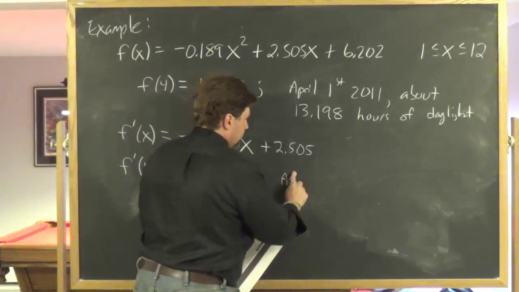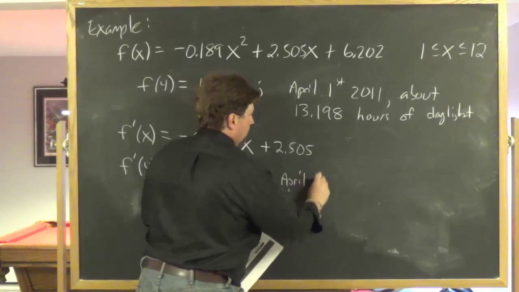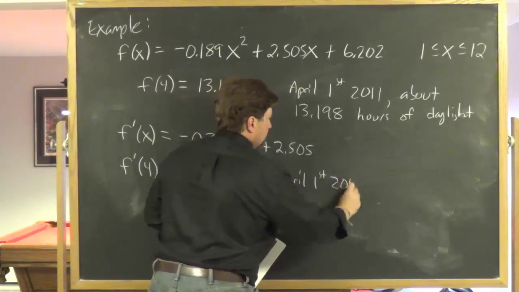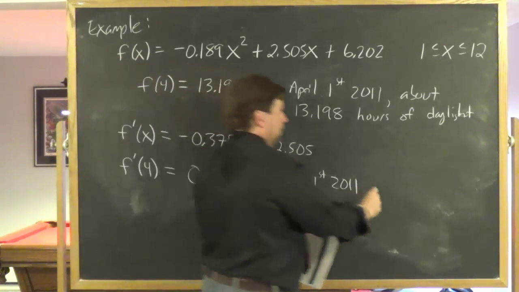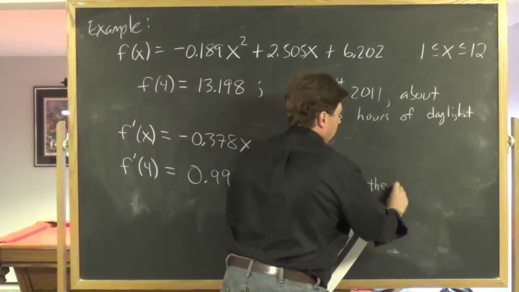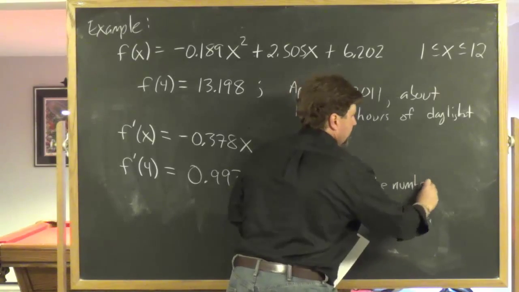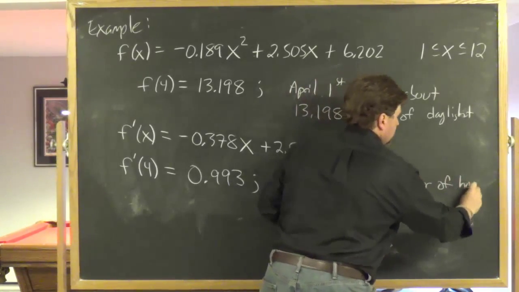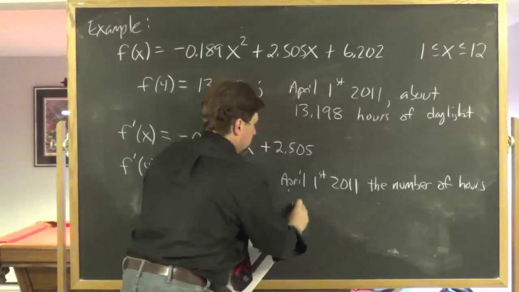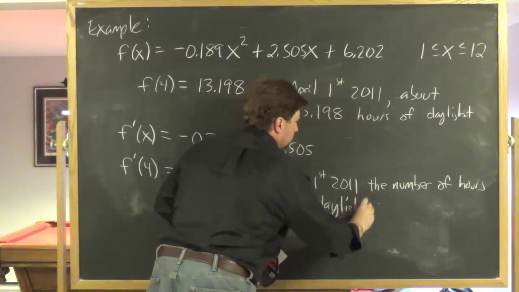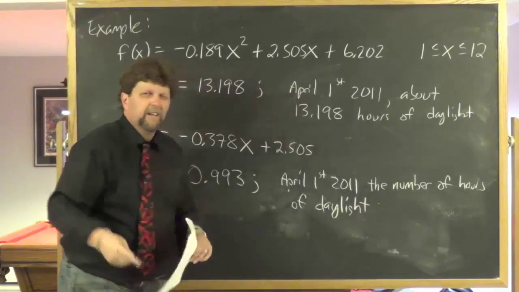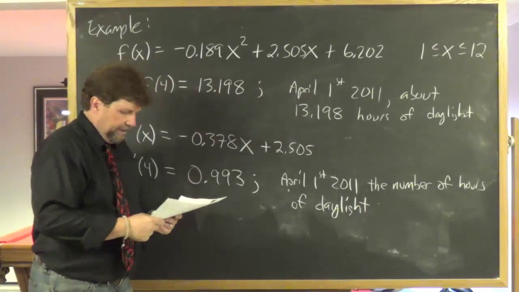On April 1st, 2011, the number of hours of daylight in Joliet, Illinois, I'm not going to write that down, but it's in Joliet, Illinois.